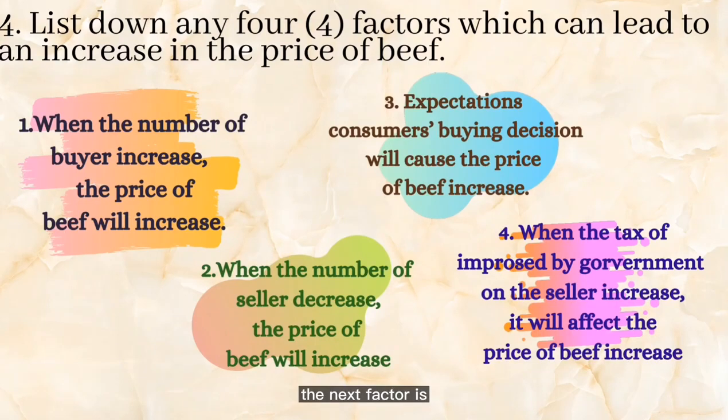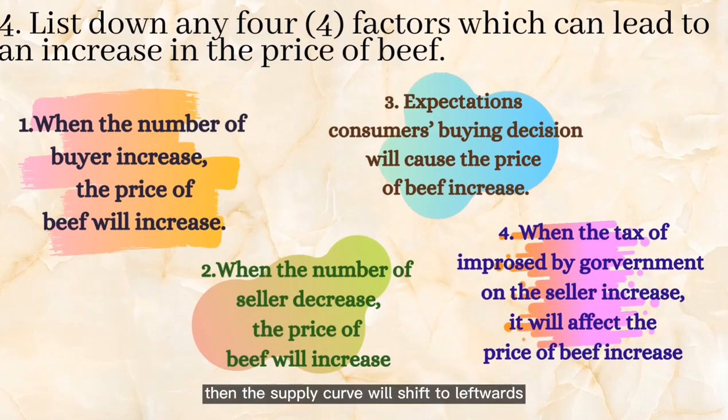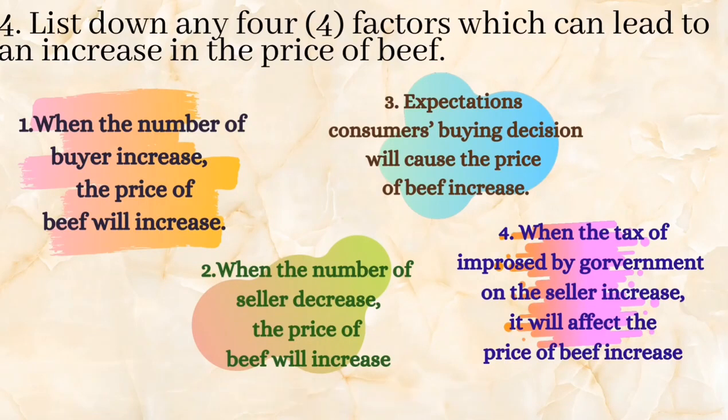The next factor is when the number of sellers decreases, the price of beef will increase. When sellers face loss and are unable to continue the business, the number of sellers decreases. Then, the supply curve will shift leftward and the price of beef will increase.